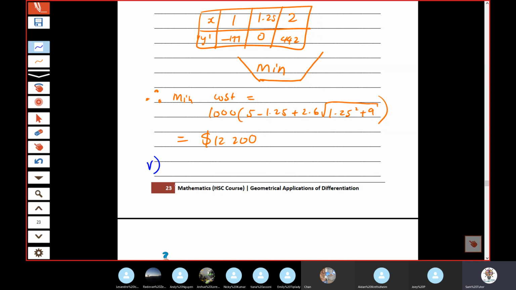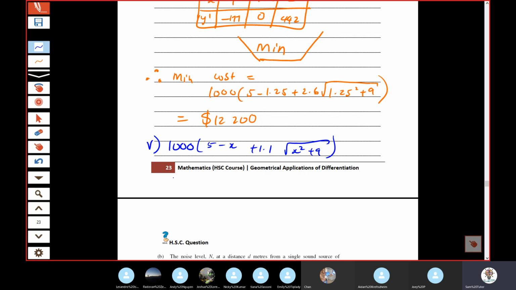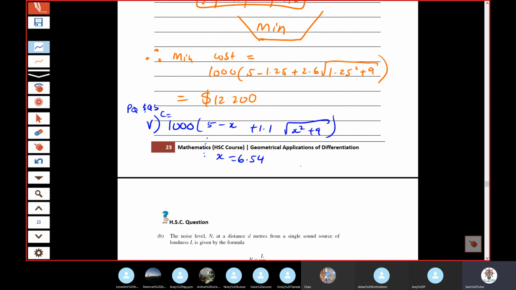It's going to look like this. 1,000 times 5 minus x plus 1.1 square root x squared plus 9. When you do your C dash, so C equals, for PQ and QS, by the way, you'll eventually get to x equals 6.54.